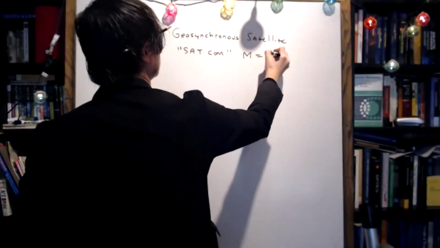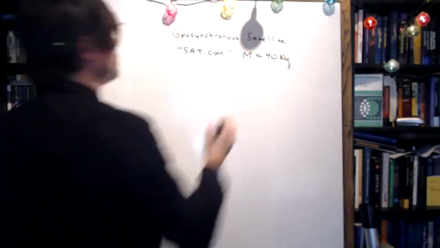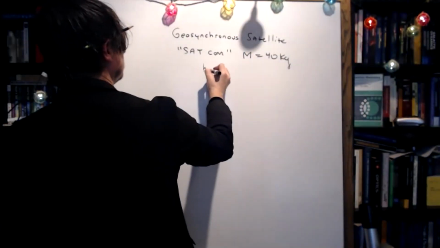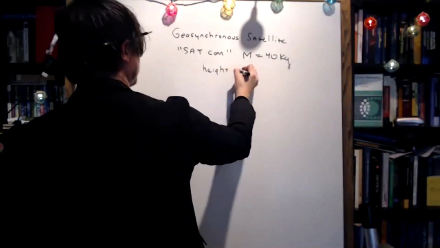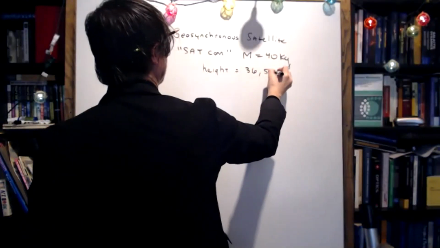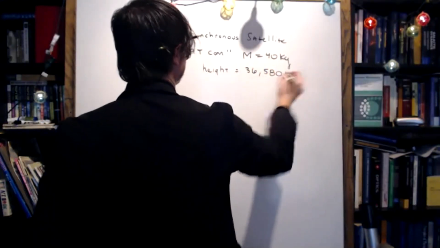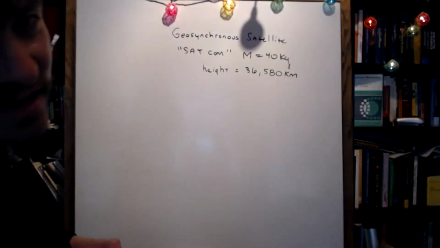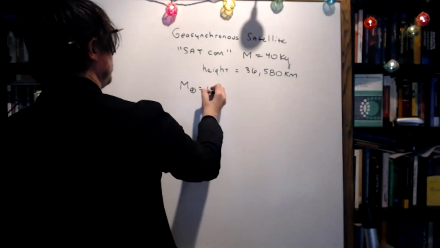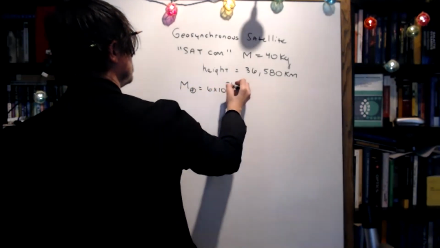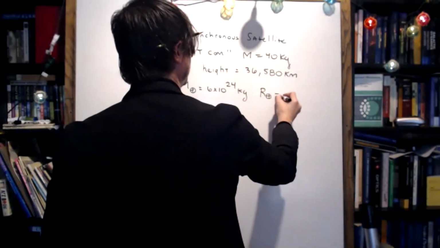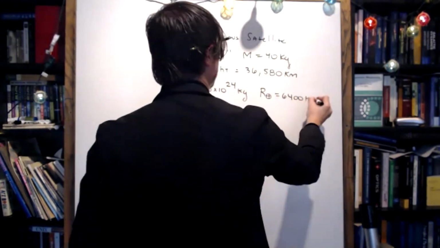SATCOM has a mass of 40 kilograms. SATCOM has an orbital height above the surface of Earth of 36,580 kilometers. In this problem, you will need the mass and radius of Earth. The mass of the Earth is 6 times 10 to the 24 kilograms. The radius of Earth is 6,400 kilometers.